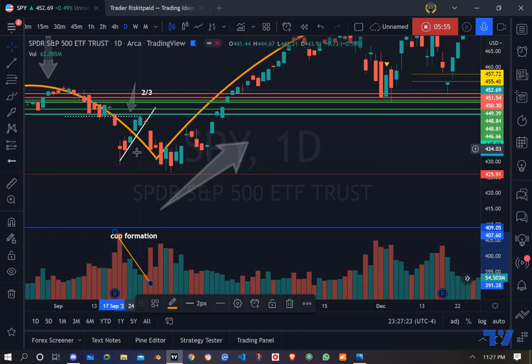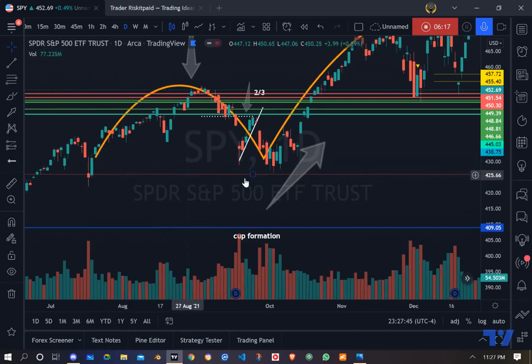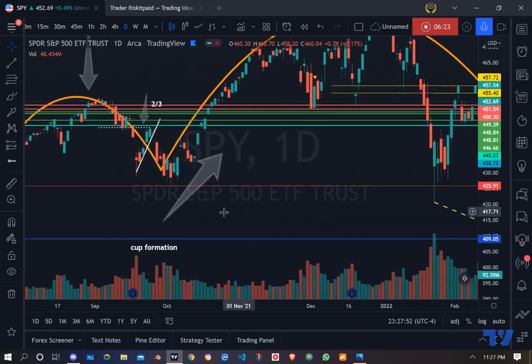And once the handle broke out, there was a spike in volume to the red, to the bear side, right? So we'll take this off here again, and we'll say that this was a failed cup and handle because it hit a major support, which was 425. So it didn't break through, right?